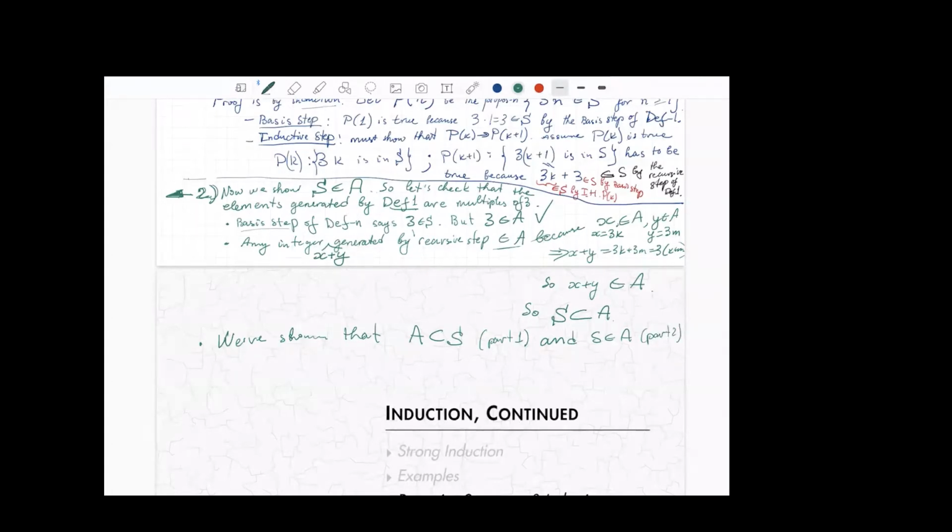Therefore, S and A are one and the same set. This completes the proof. Quod erat demonstrandum, as they say, guys who are good at Latin, but we just simply put a square because my Latin is not that good. Okay, so the square does the job.